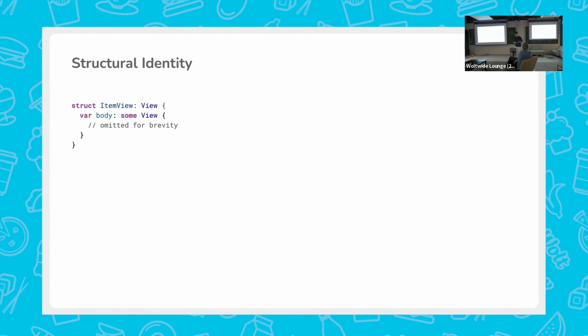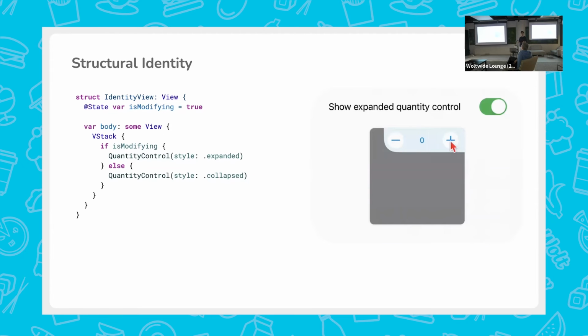The reason is that when SwiftUI evaluates what happened when you flip the toggle, when it's true it's returning the expanded state, and when it's false it's returning a different view. So SwiftUI sees these two views as distinct views, and the other one will just get destroyed along with the state that it holds.